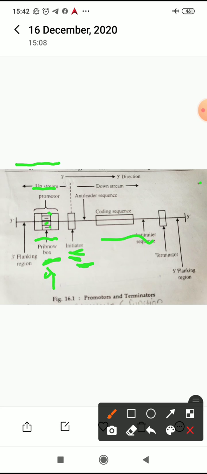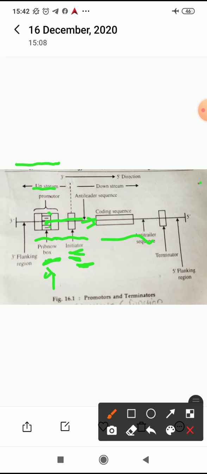When RNA polymerase attaches to the promoter, it moves along the initiator, from here to here, and reaches the coding region. Like this you can show it reaches the coding region.